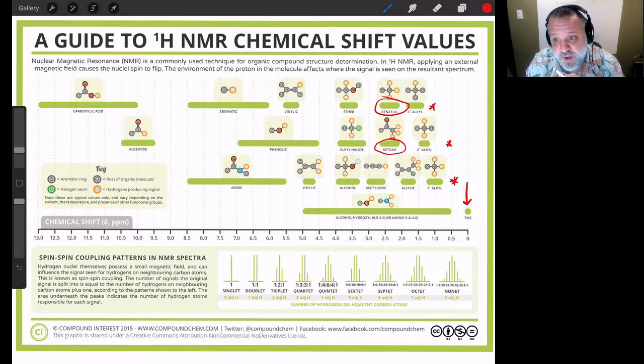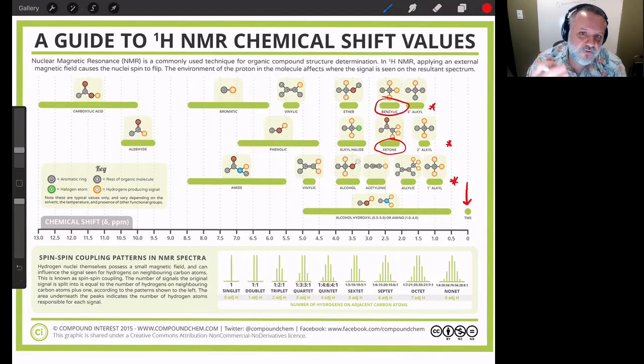So if something appears right here in the 2 to 2.5 parts per million region, then you're pretty sure that it's going to be a ketone, a hydrogen attached to a carbon directly adjacent to a C double bond O, or it's going to be a benzylic hydrogen. And so unlike IR, this section of the graph is still pretty helpful for what kind of structures are present in the molecule.